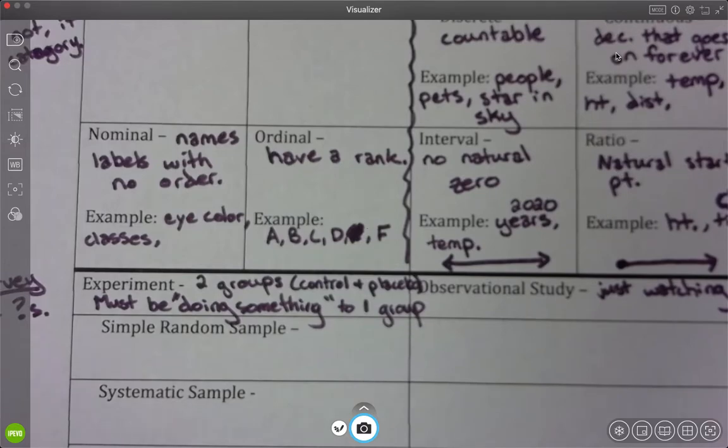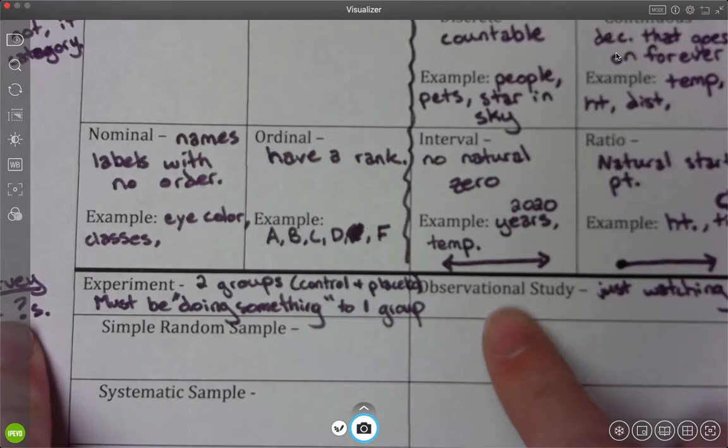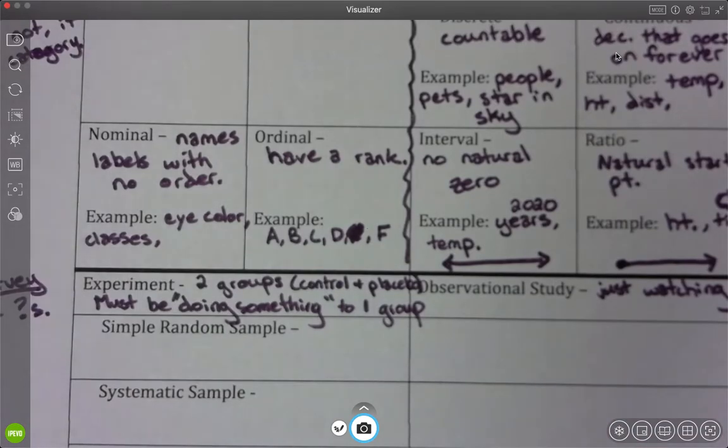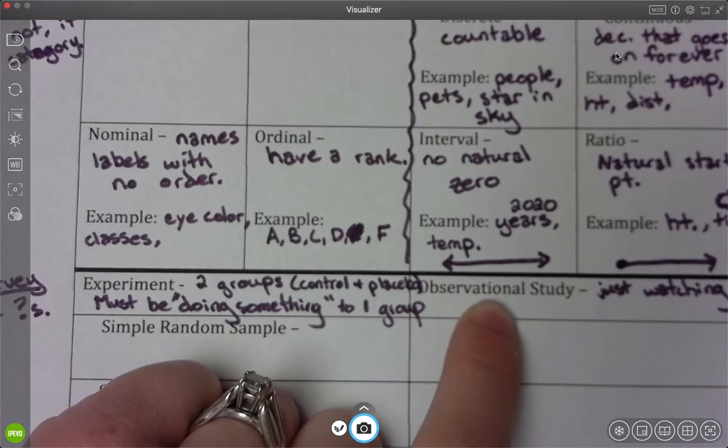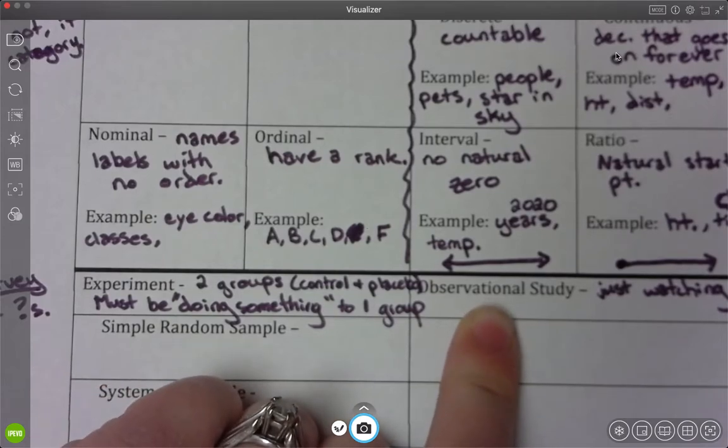So what I could do is, let's say I'm trying out a new recipe and I want to collect information on how well these people like this recipe. Okay, so I could do two different things. I could either feed them what I make from this new recipe and then ask them questions about it, like how did you like it, what did it taste like, that type of thing. Or I could sit them down, have them eat whatever it is that I cooked, and then observe their reaction to it.